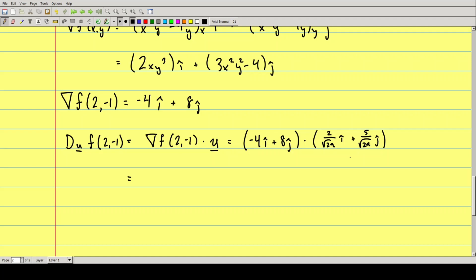And then the denominator, we're going to have the square root of 29. Okay, so that is the value of our directional derivative in this direction. Seems fine, right? Okay.